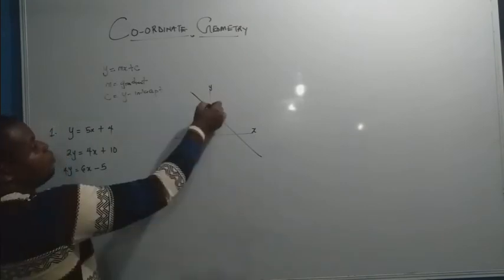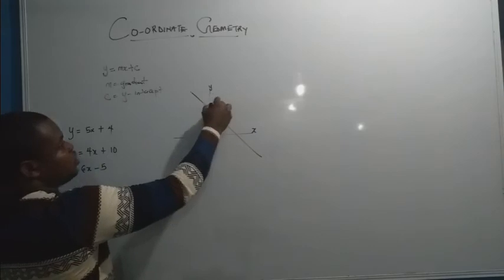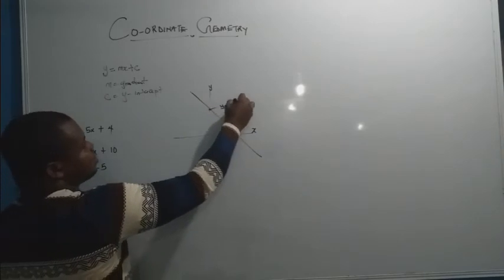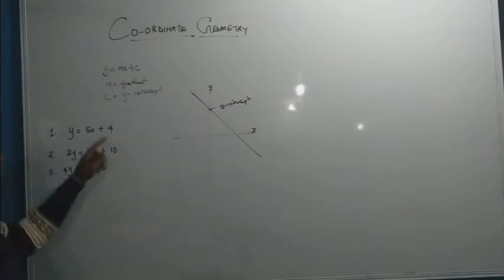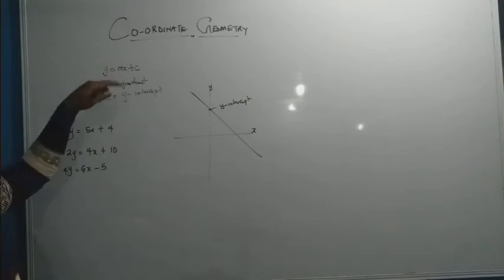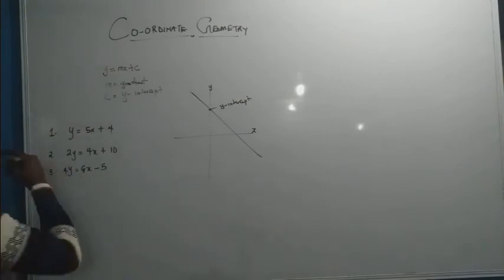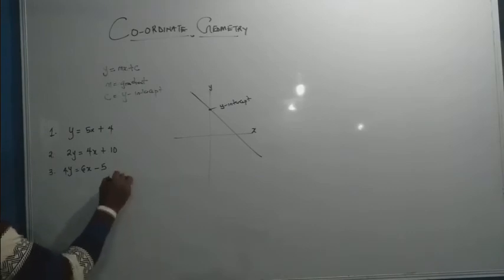Now, the point where the line cuts or passes through the y-axis is called the y-intercept. Is that clear? And this is represented with the letter c in the general form of the equation. So what we have here is this. Now, how do you get the gradient?